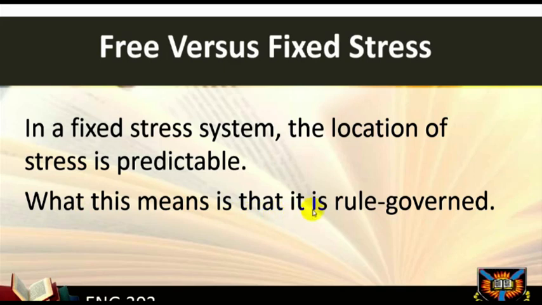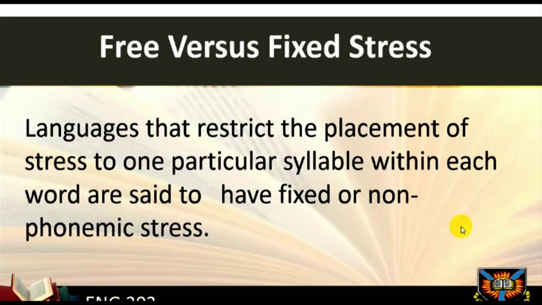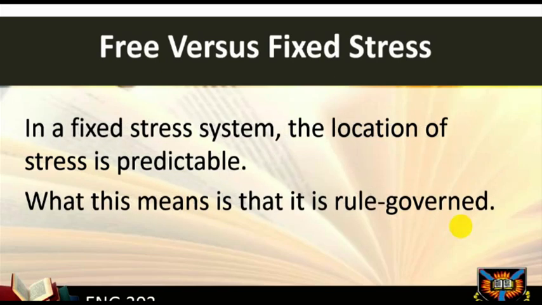What this means is that it is rule governed. A rule can easily predict which syllable of the word in that language is to be stressed. Another classification is free stress. Stress is not predictable by rule when dealing with a language with free stress. In this case, stress assignment is unpredictable, that is, distinctive.